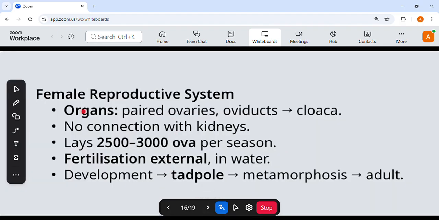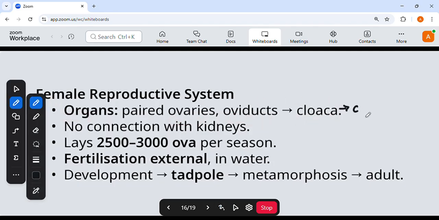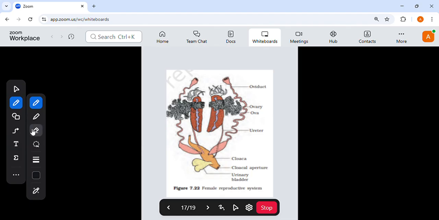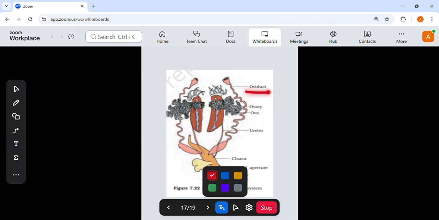Coming to the female reproductive system, the organs involved are the ovaries, paired ovaries, which open into the oviduct, cloaca, and then the cloacal aperture. It is not connected with the kidneys. So see here, this is the oviduct and this is the kidney.